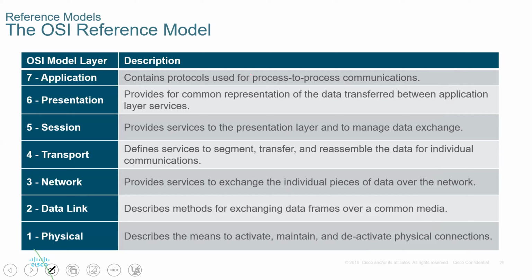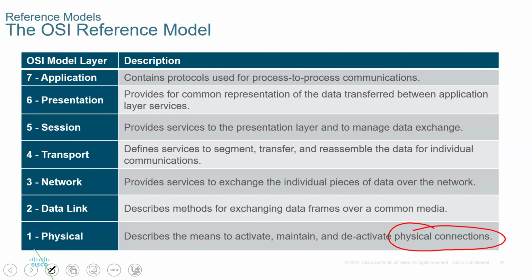So in the OSI, like we said, the physical layer, which is layer 1, describes the means to activate, maintain, and even deactivate physical connections, where your cable is connected, or you connect wirelessly, or you use fiber optic, or whatever it is. Data link describes the method for exchanging data frames over the common network media. Then the network layer provides services to exchange the individual pieces of data over the network.